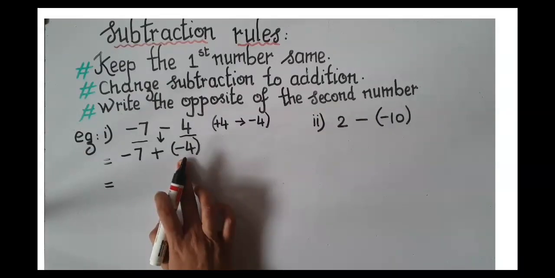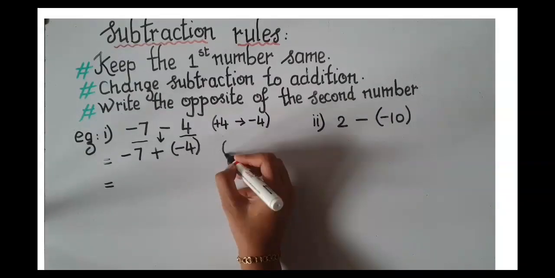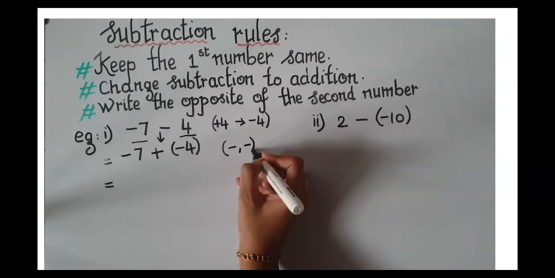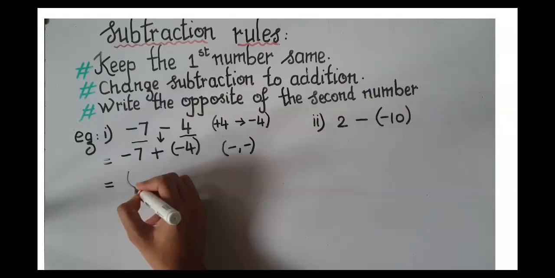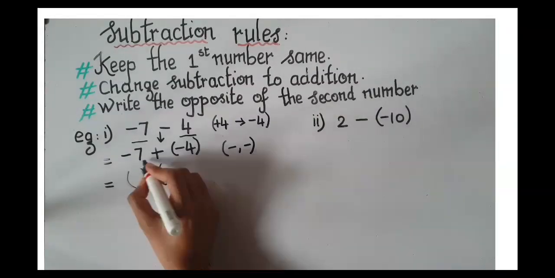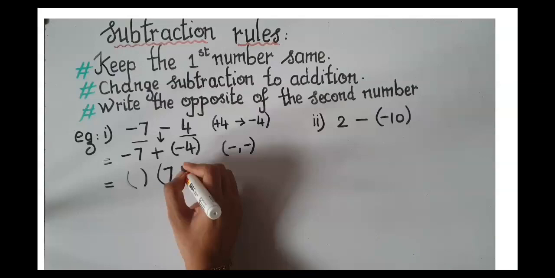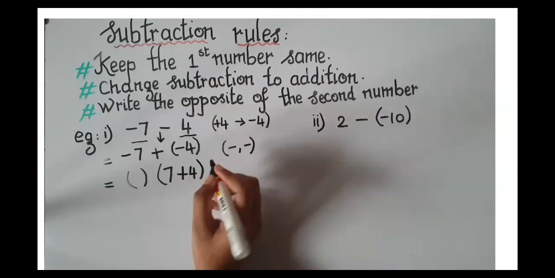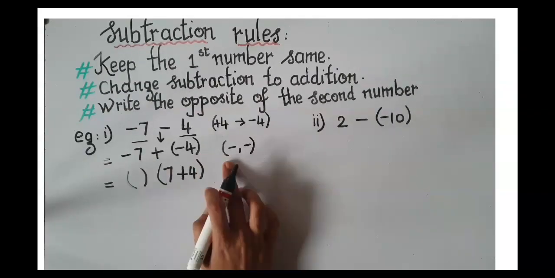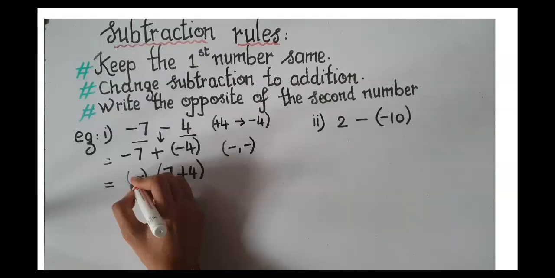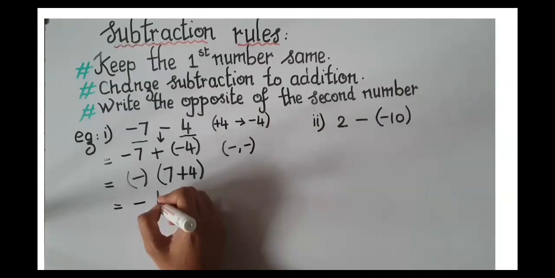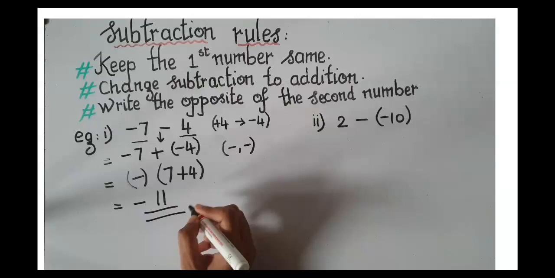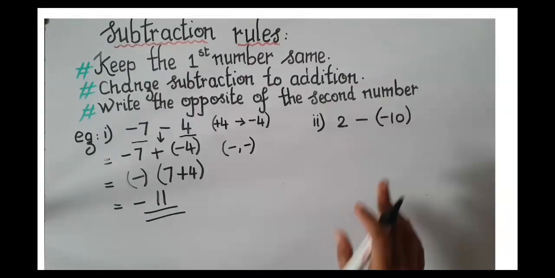So minus minus, you have to ignore the signs in the beginning. Okay. So I'll keep a bracket for the sign to be written later. And what do you do when you add both the similar signs? You add the numbers 7 plus 4 and put the same sign. So your answer is what? -11. So -11 is your answer. That is according to the addition rule.